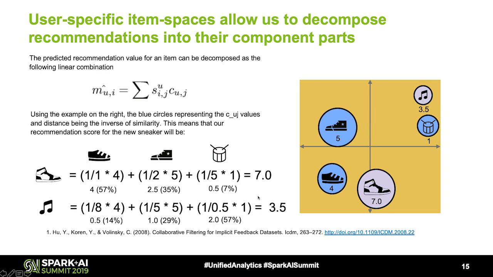And if we run the numbers, you'll find that this one person is more of a runner than they are a musician, so the runner has a higher score, but it was also closer to these things in the item space. On the other hand, the music product is closer to the drums, but the other two still had an impact, albeit kind of smaller. And so this is a bit of a contrived example, but you can see how you can get the absolute decomposition of the scores into what the user consumed.